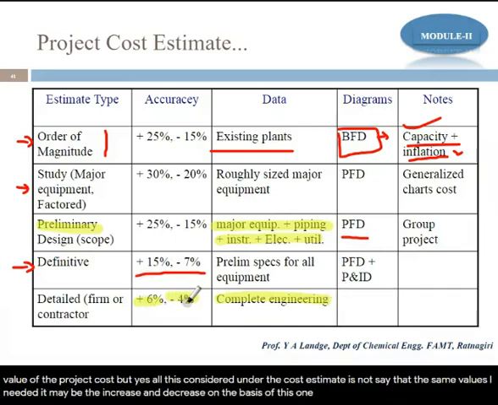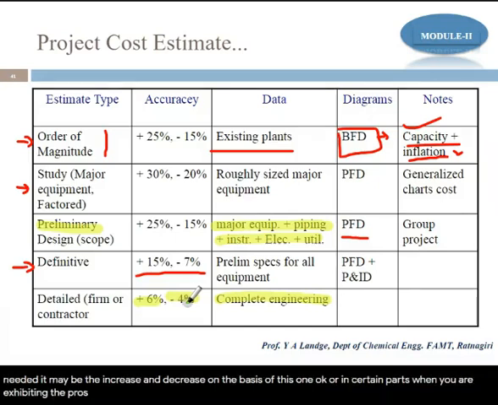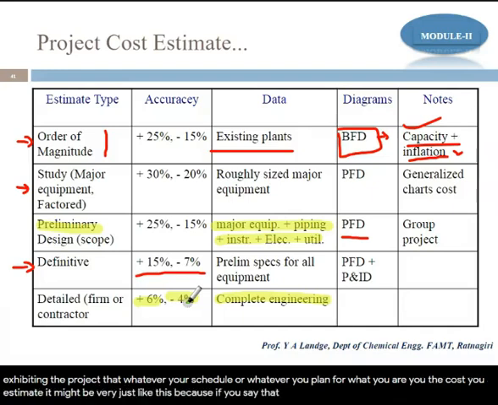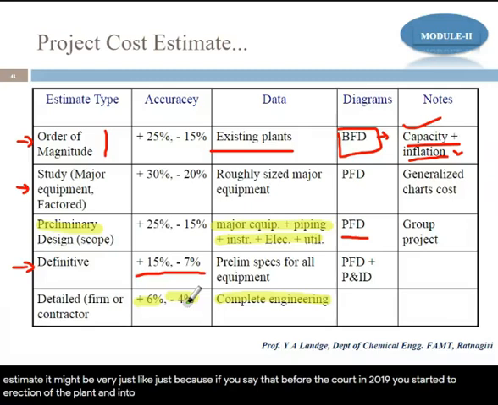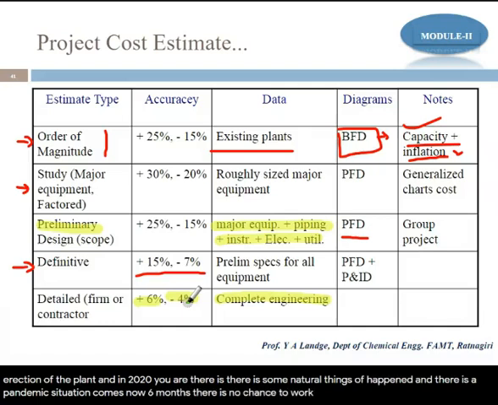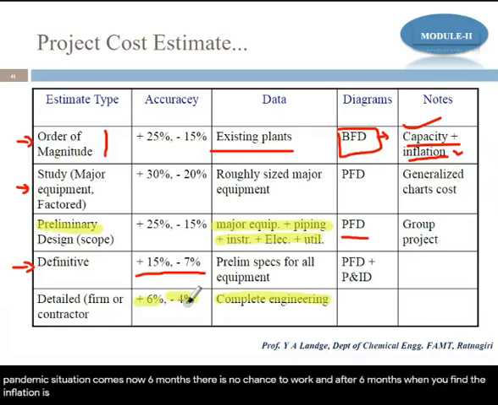Or in certain parts, when you are executing the project, whatever your schedule, plan or cost estimate is, it might vary. For example, say you started erection of the plant in 2019, and in 2020 some natural events happened and a pandemic situation came. Now for 6 months there is no chance to work, and after 6 months you find the inflation is very high, you may not get a worker, you may not get a skilled worker, and if you want a skilled worker, then you have to give more wages.